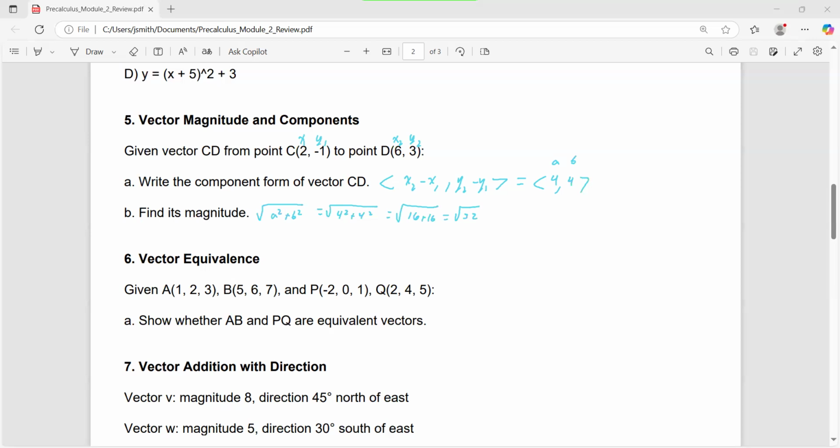Now, I could, again, remind you of how to reduce this radical, but now that we know some calculator techniques from the EOY, if you don't see the square root of 32 as an answer choice, just type that one in with the rest of them and see which one gives you the same decimal. I can give you a reminder. What two things multiply to 32? Good, 2 and 16.